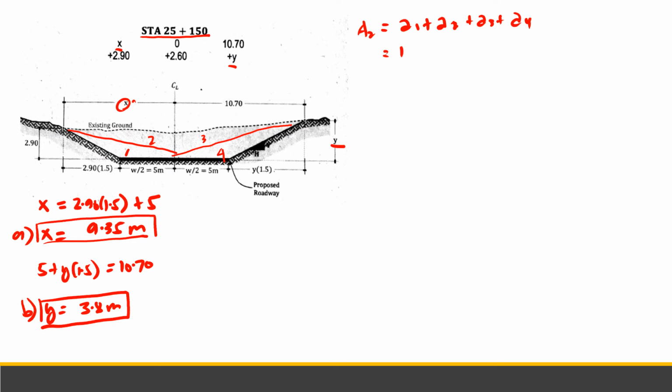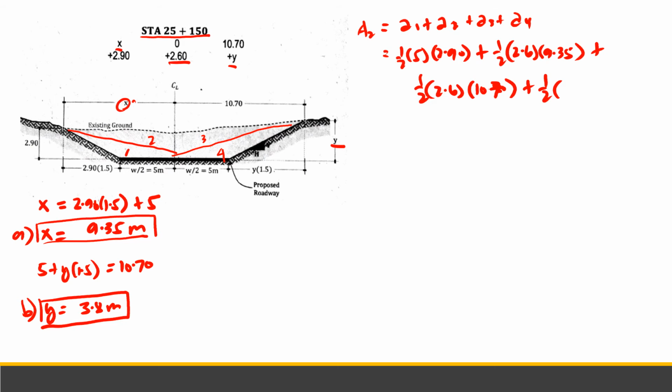Okay, so area 1 is 1/2 times 5 times 2.9, plus area 2 is 1/2 times Y here, which is 2.6, so 2.6 times X, which is 9.35, plus 1/2 times 2.6 times 10.7, and then lastly 1/2 times 5 times 3.8, where Y is 3.8.